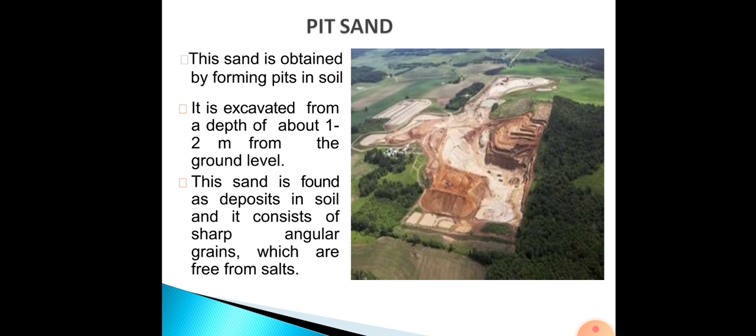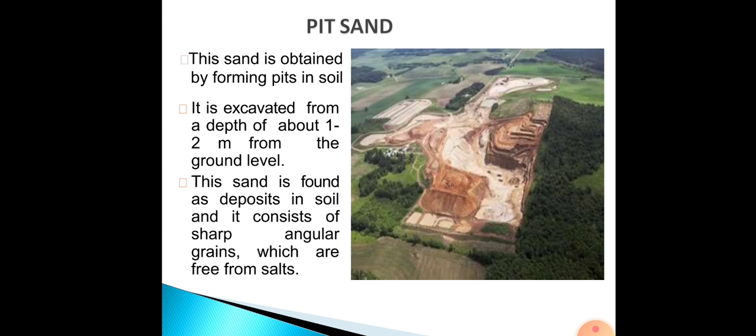So the sand that is obtained by forming pits in the soil, we call it pit sand. Normally just below the ground level, say 1 to 2 meters, we will dig out and form pits, and then you can see that there are deposits of sand in the soil.